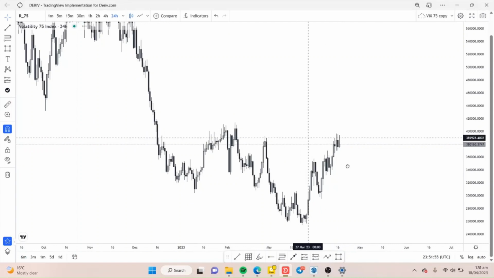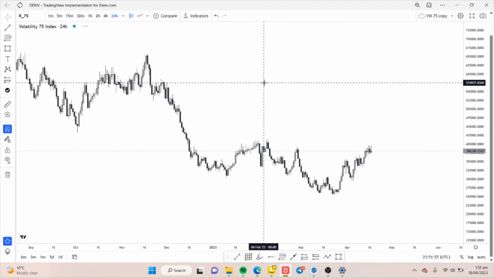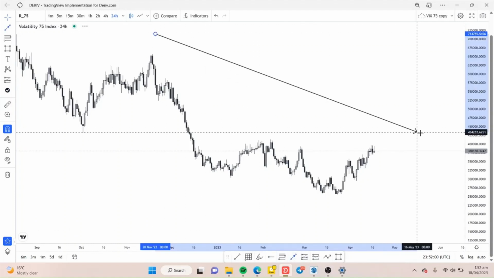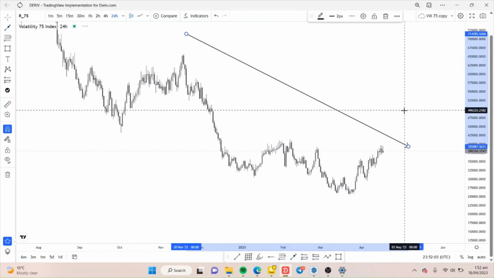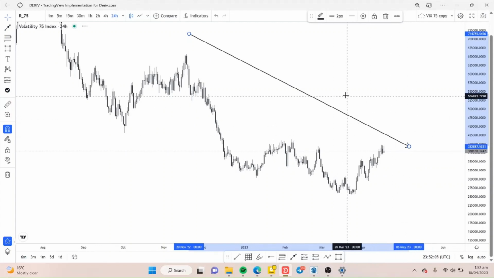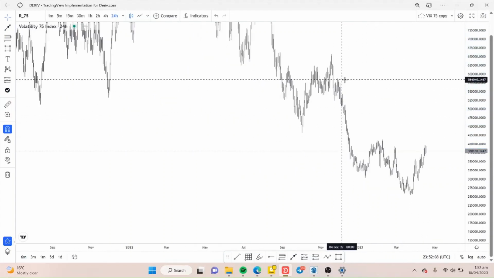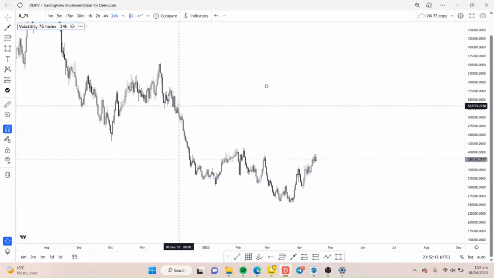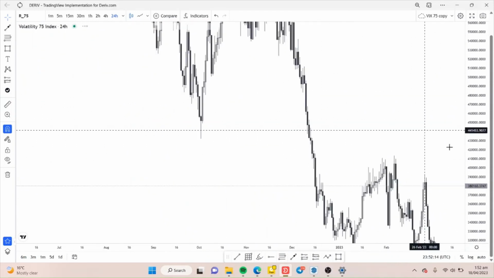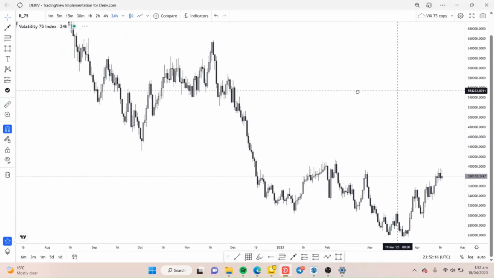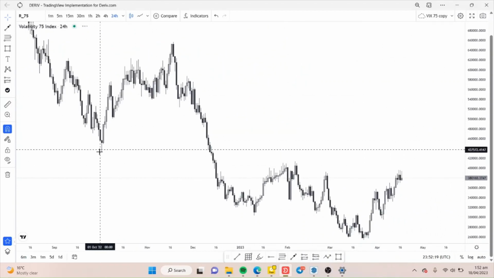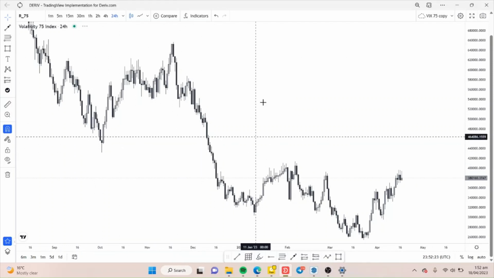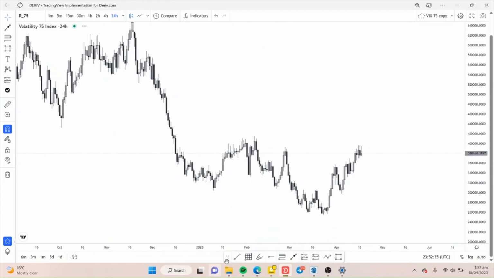So in hindsight, we can see something here, which is that market was in a downtrend, but that's just with hindsight. So let me just mark up my structure. We are at a low here, a lower high, and a break of structure here.